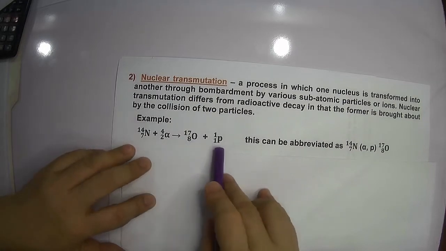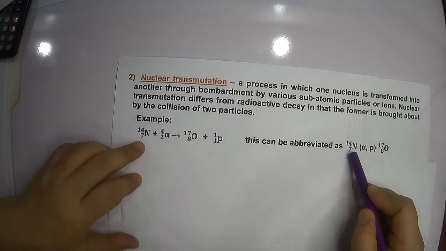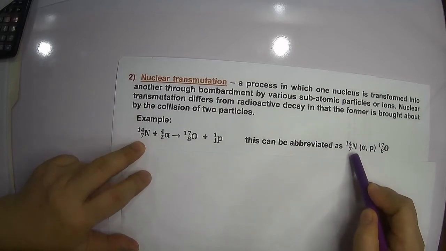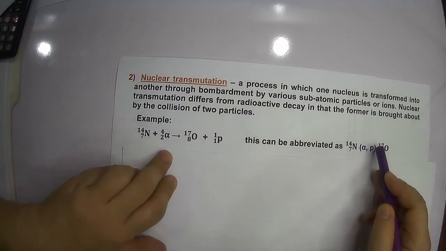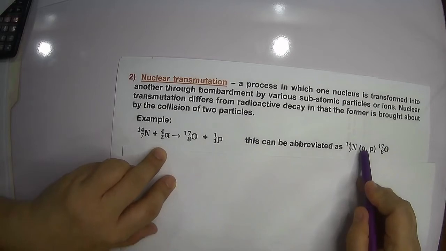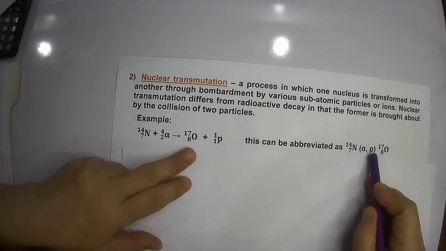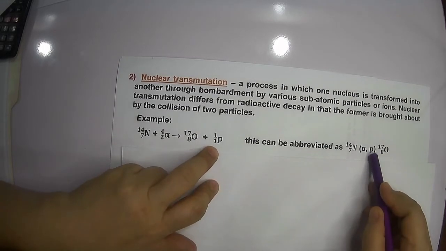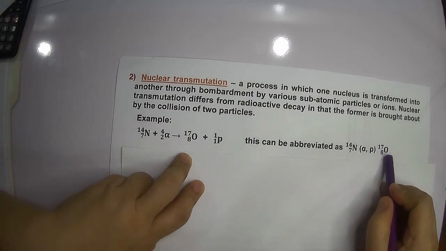A nuclear transmutation can be abbreviated as follows: you write the reactant isotope, and you enclose the particles in parentheses. The first particle that is written is the particle in the reactant. And we have the particle in the product, close parenthesis, and we write the isotope in the product.